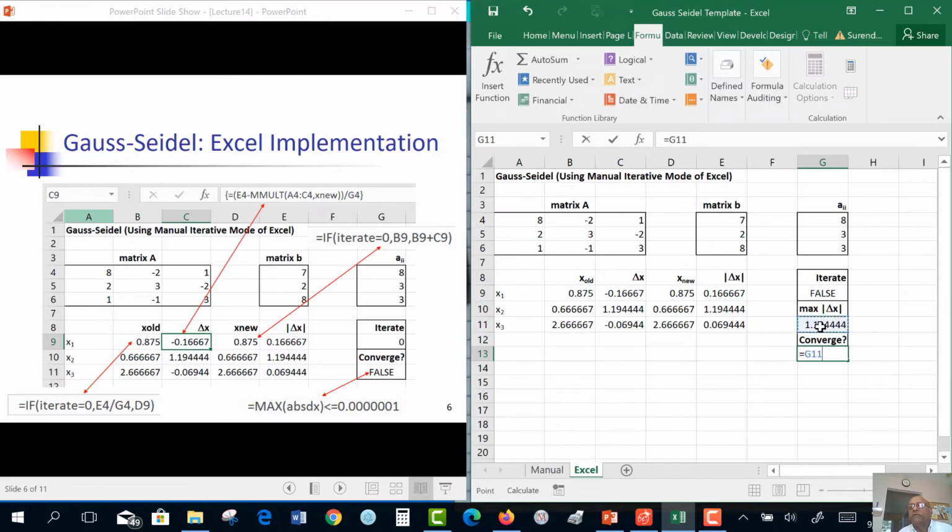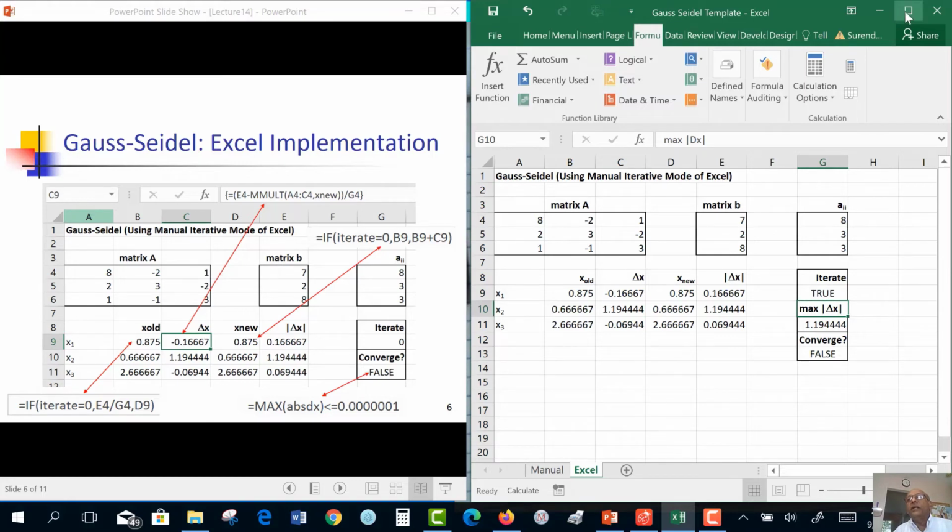Let's say we want 5 correct decimal digits. So I'll write, is this absolute value less than 0.5 times 10 to the minus 5? And of course, we have not converged. So now I'm going to change this to true.